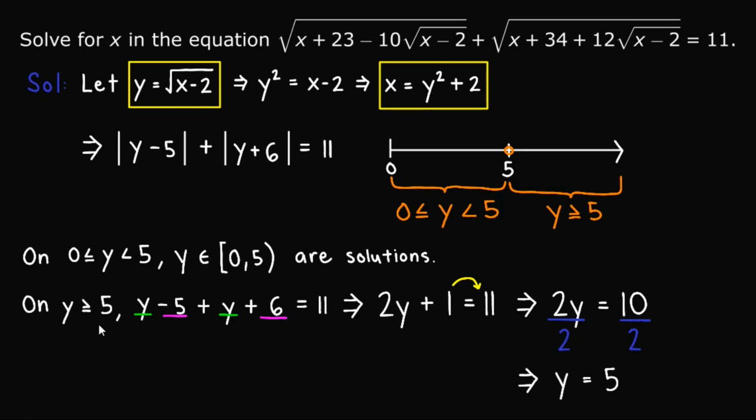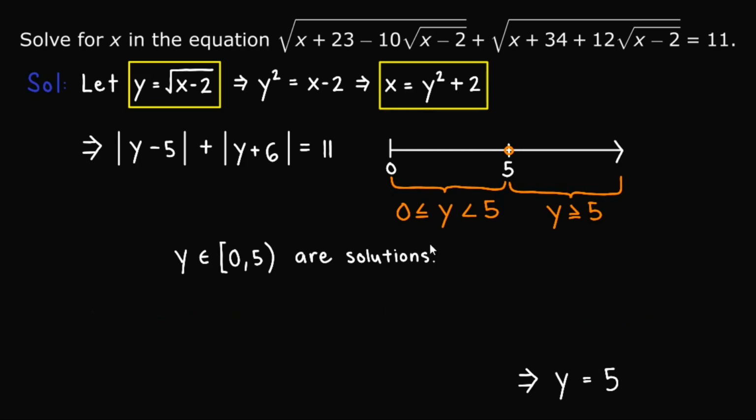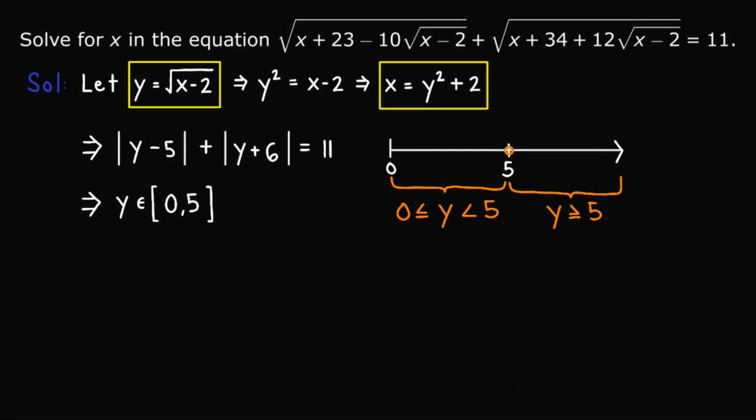This means that in this region, y equals 5 is a solution as well. So combining this result as well as what we obtained earlier, we can conclude that the solutions for our absolute value equation are y in the interval 0 to 5, wherein both 0 and 5 are included.